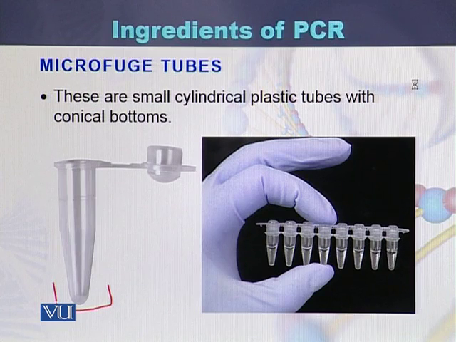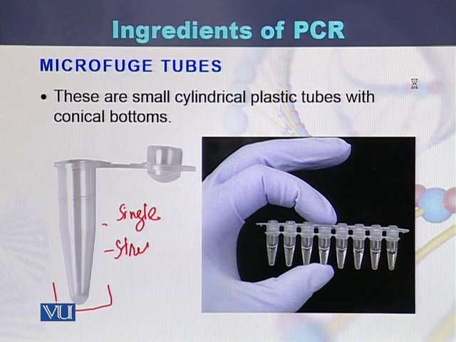These tubes can be in the form of single tubes, but they are also available in the form of strips. Here we can see the strips where the PCR tubes are joined with each other.